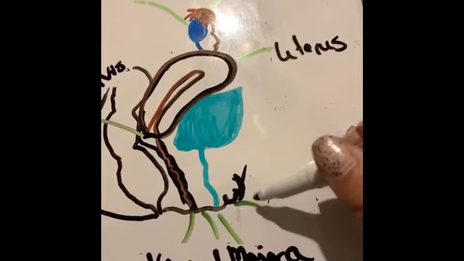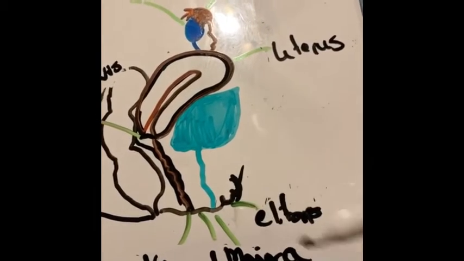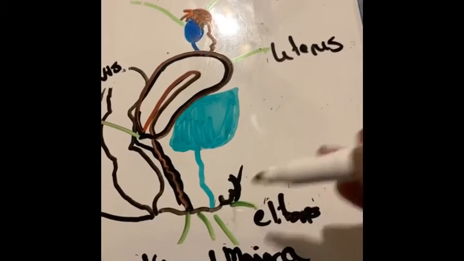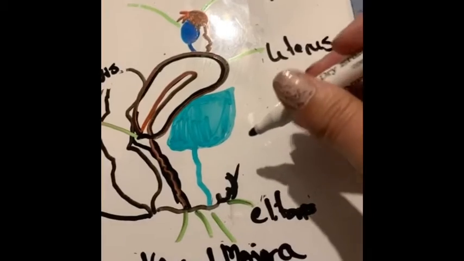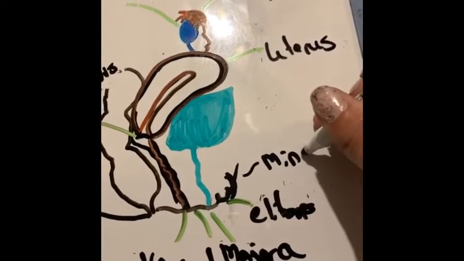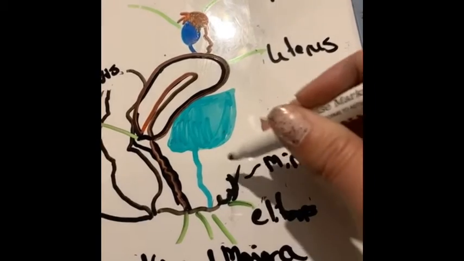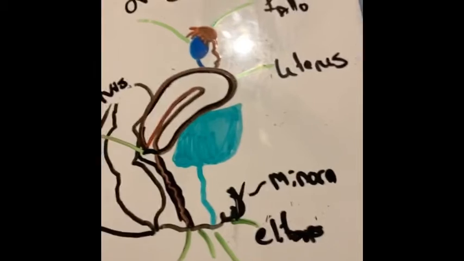You have the clitoris, which is that little bundle of nerve cells, also swells up during excitement, with lots of nerves there. And then your labia minora, which forms that hood-like protective cover for the clitoris.